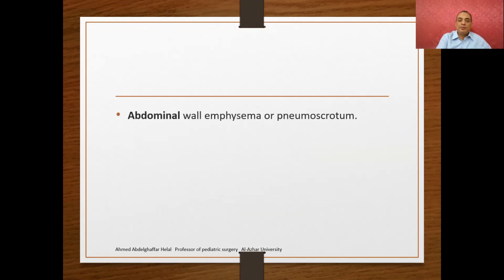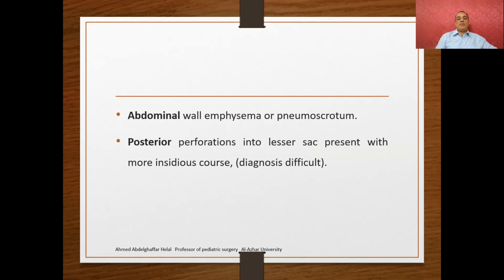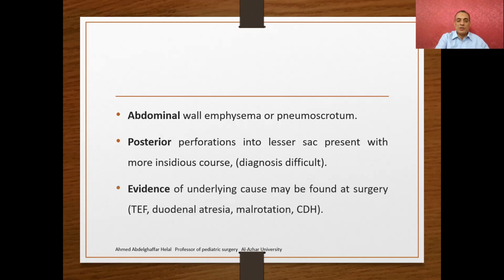Abdominal wall emphysema or pneumoscrotum may also be observed in such infants. Posterior perforation in the lesser sac usually presents with a more gradual course. So it may be difficult to diagnose because the air is trapped posteriorly inside the lesser sac, not producing generalized pneumoperitoneum like the other perforations.